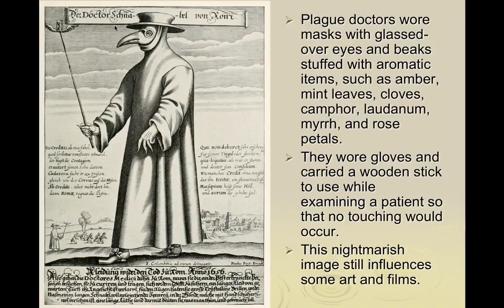They also wore, of course, gloves. They also wore long leather boots under their coats, and that helped to protect them from disease. They thought no touching would help. The stick they carried was for poking the body instead of actually touching it with their fingers. Now, this probably did help protect the plague doctors, but not for the reasons that they thought.